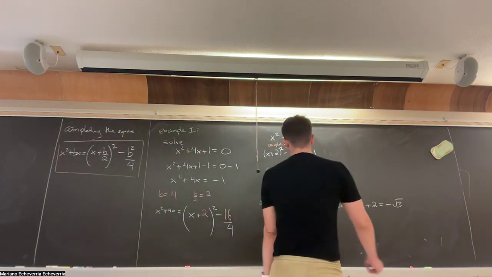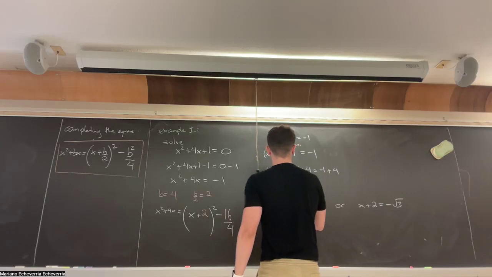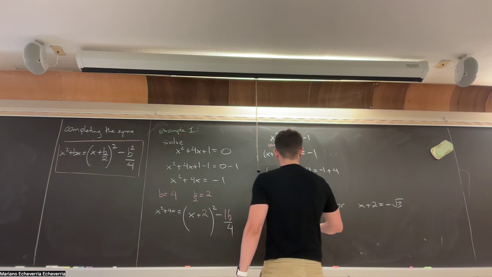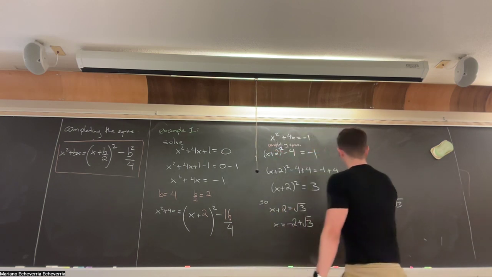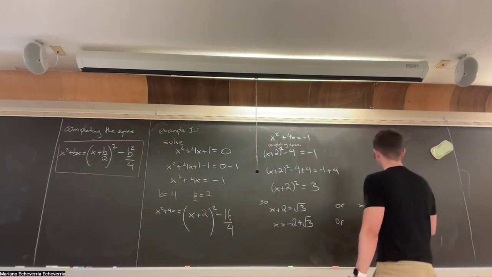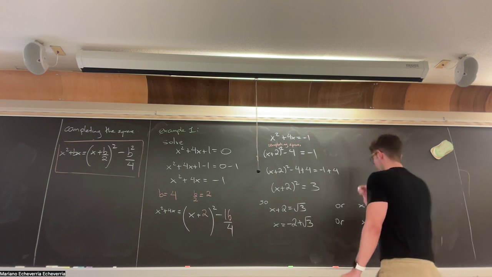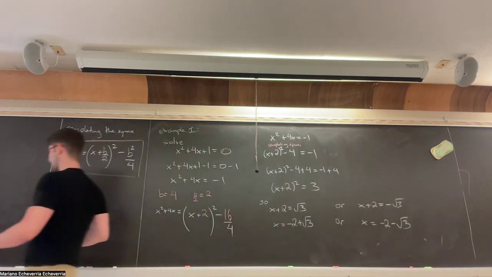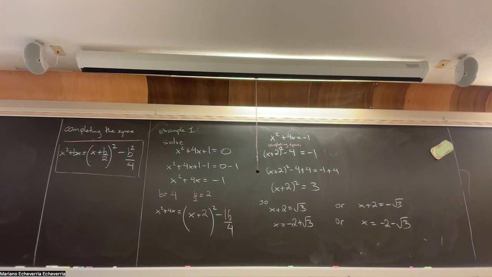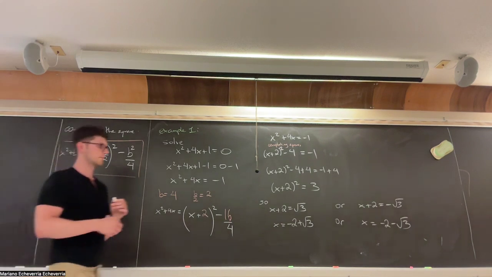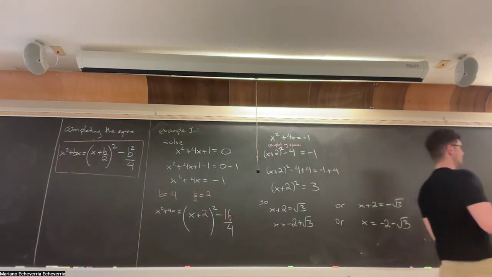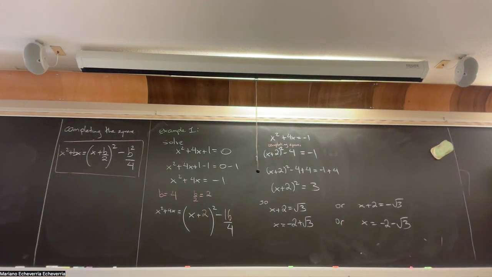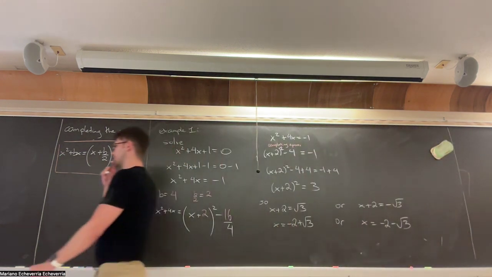And so that's how you end up getting that, if you subtract 2 on both sides, x equals -2 plus root of 3, or x equals -2 minus root of 3. Anyways, those would be the two solutions to that equation.